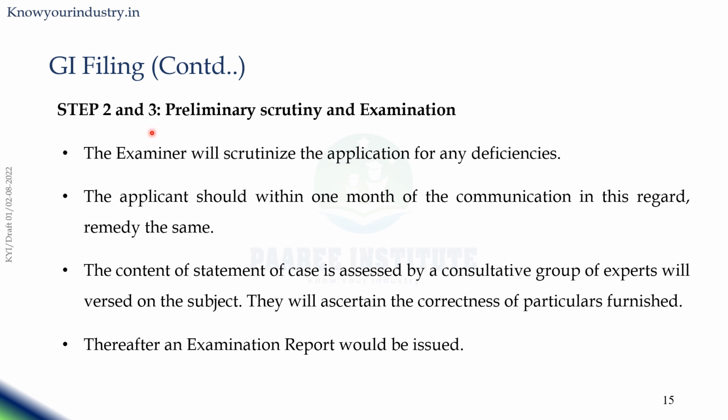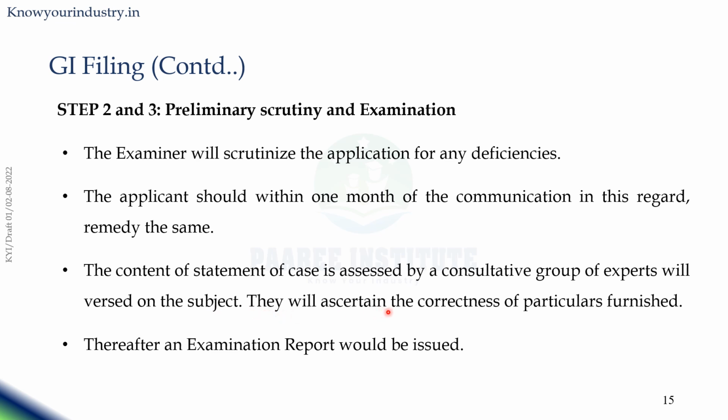The second and third steps in the GI registration process are scrutinization and examination. The examiner will scrutinize the application for any formality deficiencies. The applicant should remedy the same within 1 month of the communication in this regard. The content of the statement of case is assessed by a consultative group of experts who are well versed on the subject.